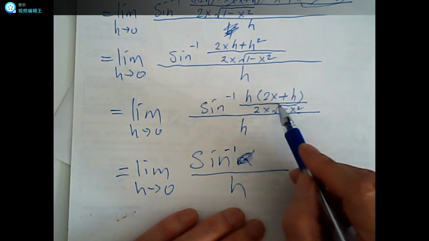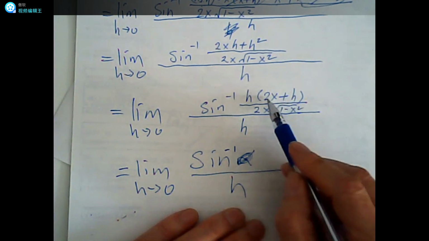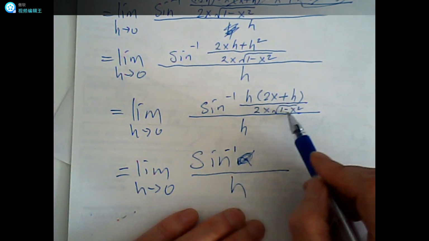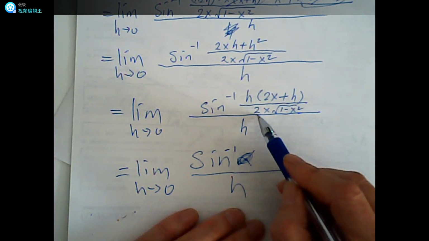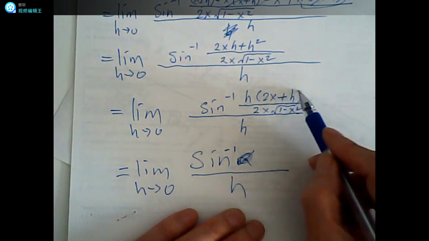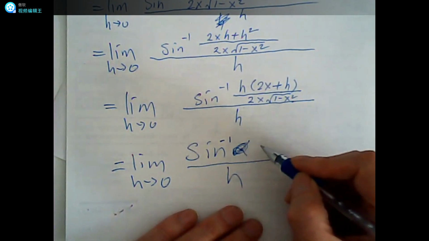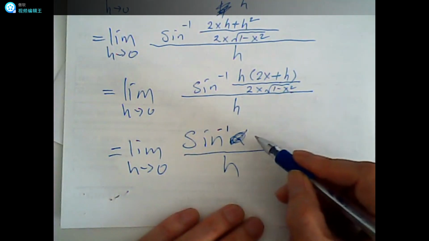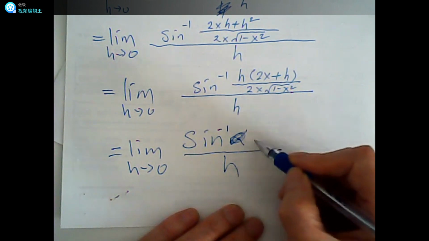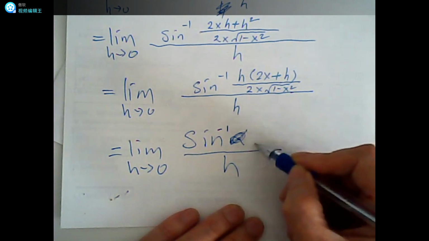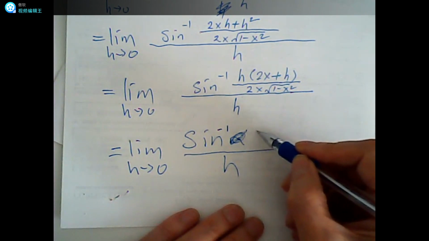This one, as h equals 0, this is 2x. This whole thing goes to 0. That means this one goes to 0.